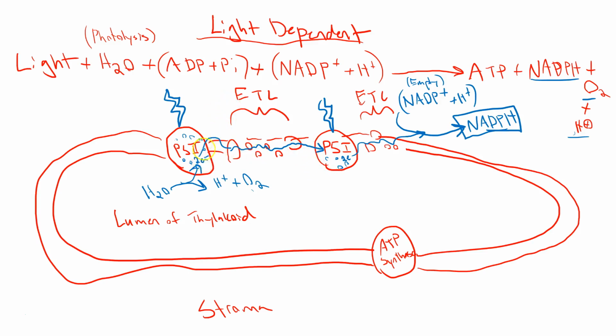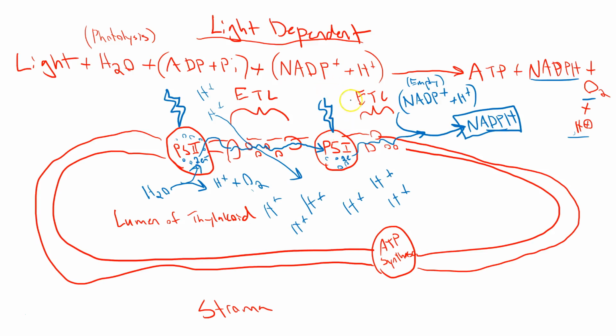The whole reason of all of this is because the electrons are passing through, and in that pass, they are attracting hydrogen ions to get pumped up their concentration gradient. So inside the lumen, there are a whole bunch of hydrogen ions, and these get pumped in from low concentration to high concentration.